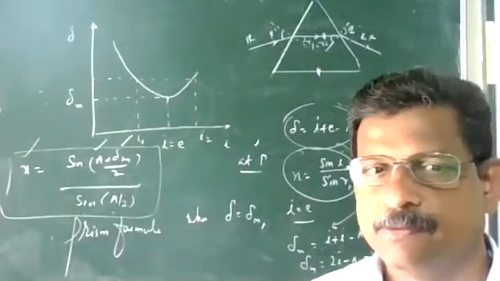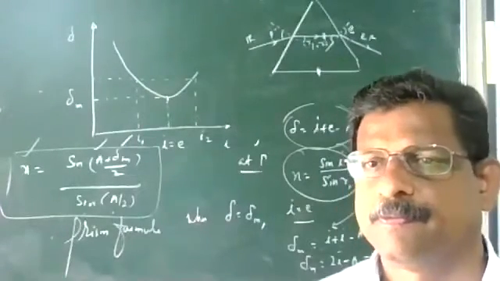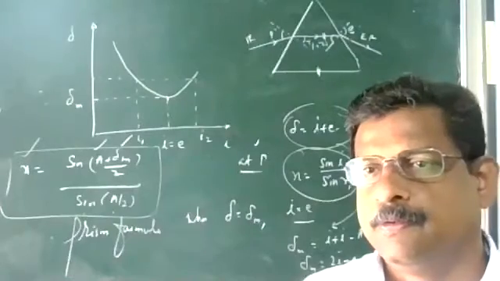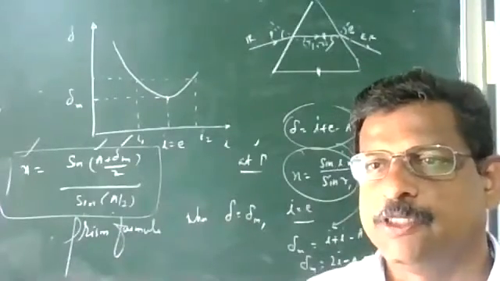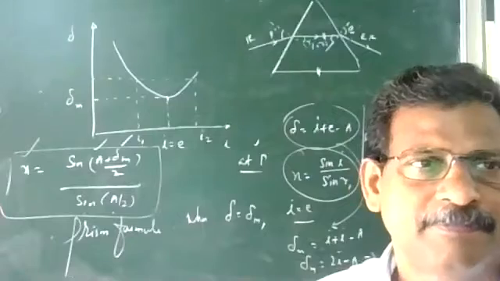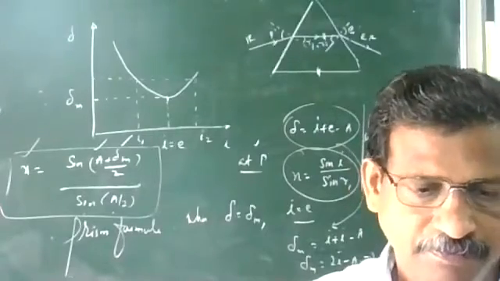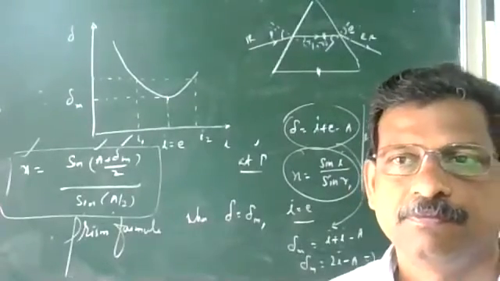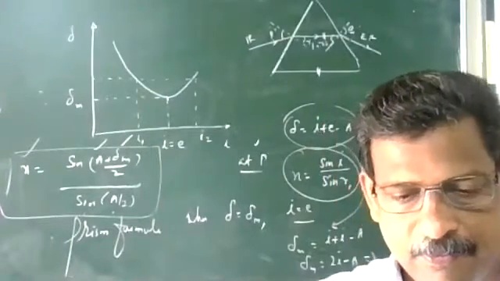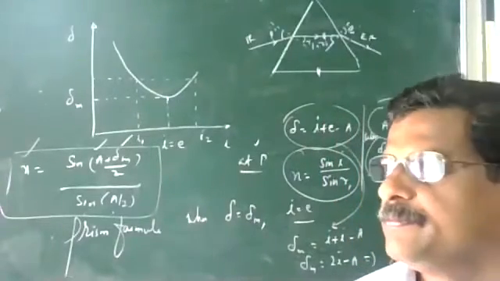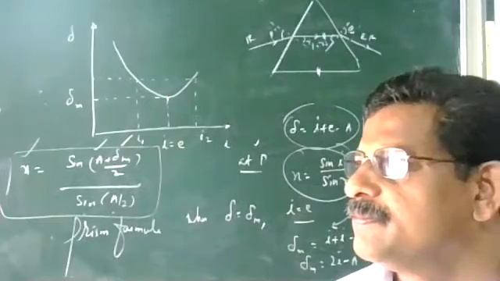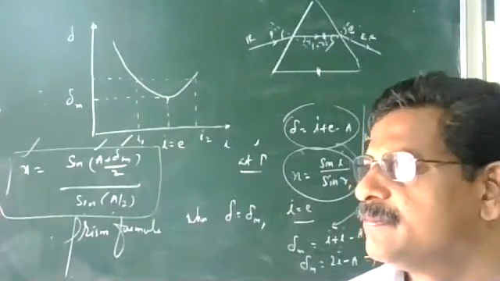Questions on deviation, all should know. Akshita Jain, what is the equation for deviation through a prism? Sine of (A plus minimum deviation) upon sine of A by 2.